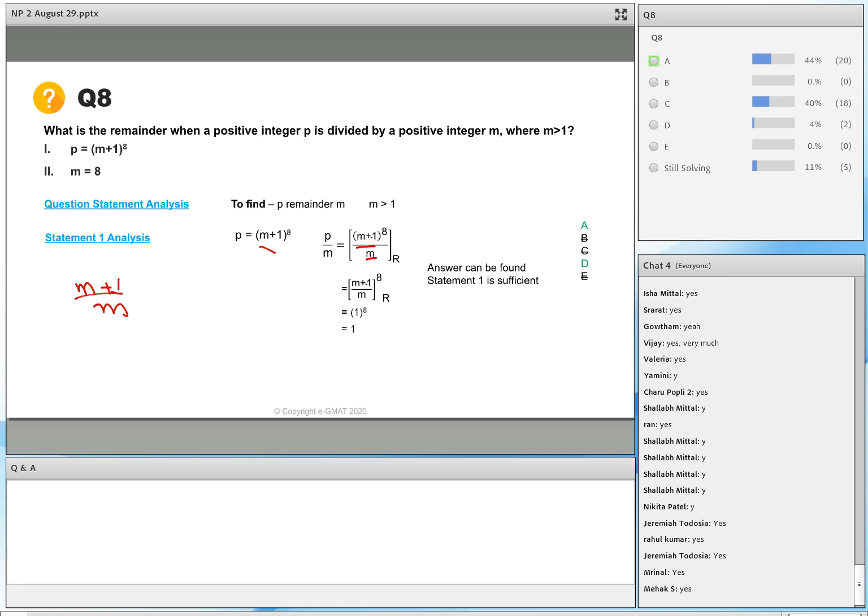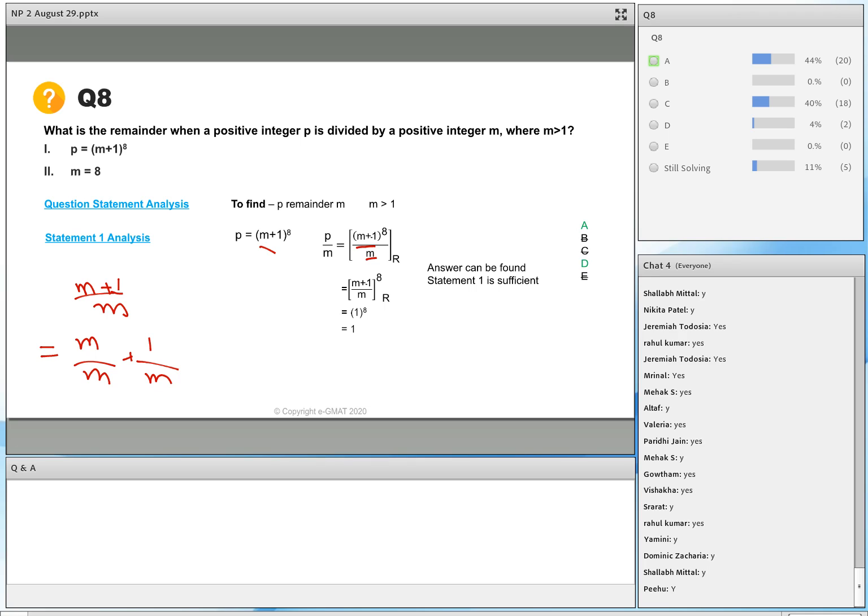All right. Tell me, can I write (m plus 1) by m to be equal to m by m plus 1 by m? Can I do this? Answer in a yes or no, please. Okay.